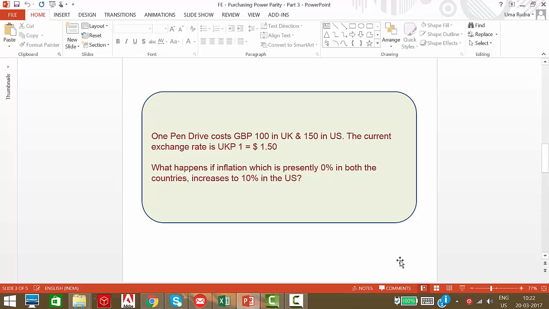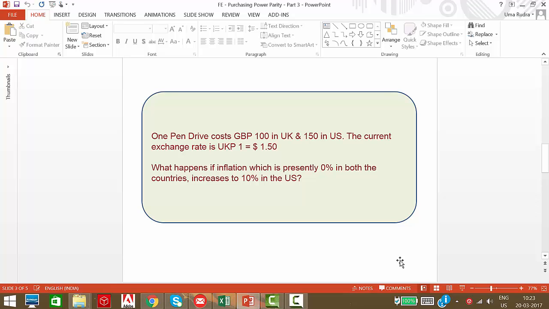Suppose one pen drive costs GBP 100 in UK and 150 in US, and the current exchange rate is 1 pound equals 1.5 US dollars. What happens if inflation, which is currently 0% in both countries, UK and US, increases to 10% in US?